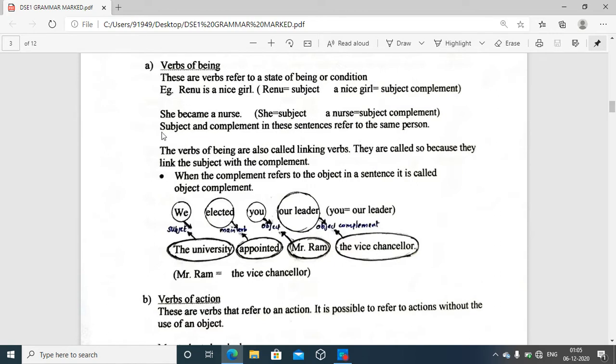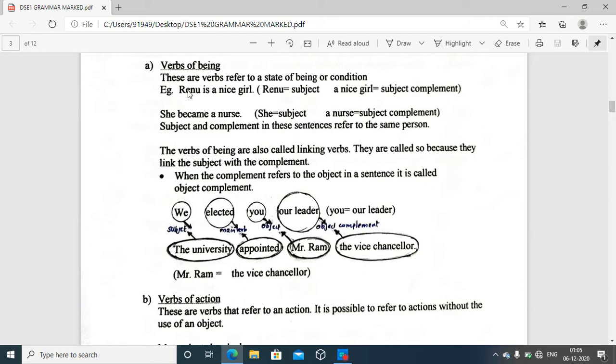She became a nurse. Of course an action is involved. She studied for becoming a nurse, but now it is about "became" as a verb that refers to her being only. It's not about the direct action of studying, teaching, learning, singing, nothing.